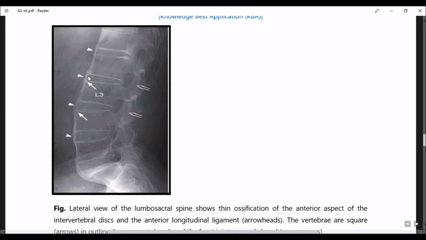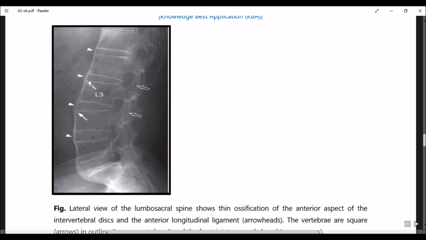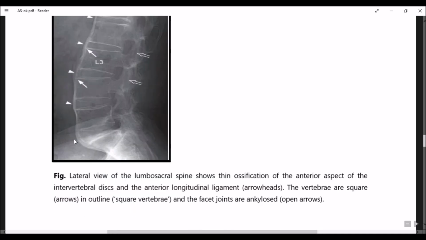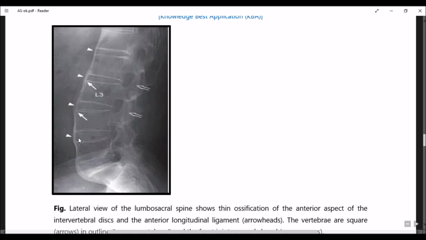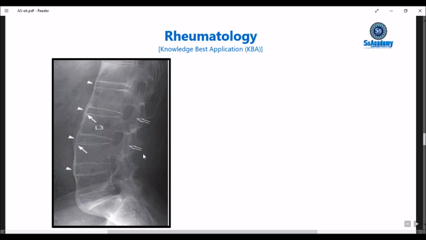And the vertebrae are square. Also the facet joints are ankylosed. You see that the facet joints are ankylosed, and there are no demarcation lines here.